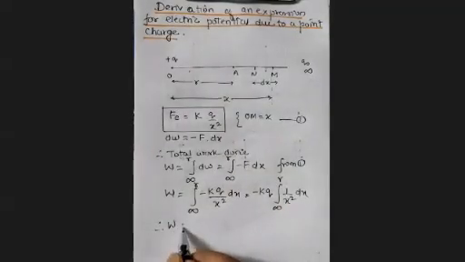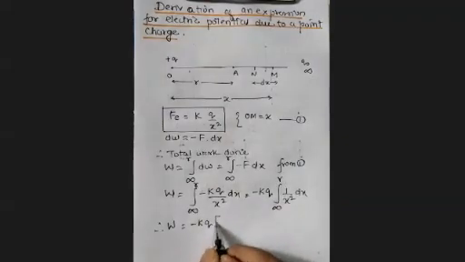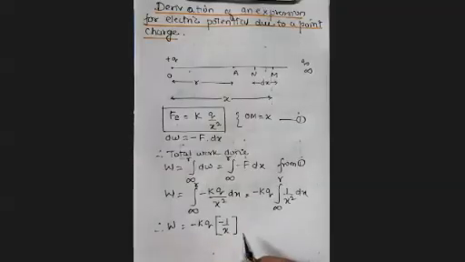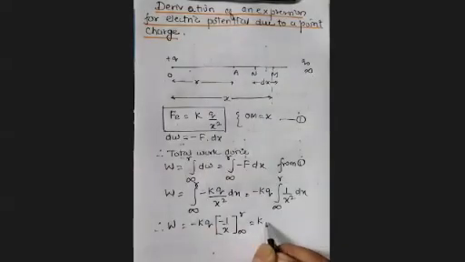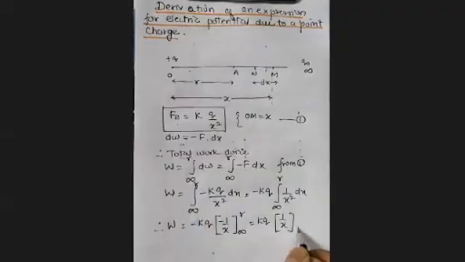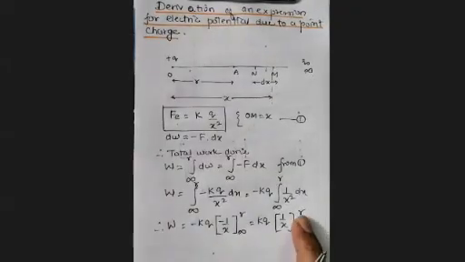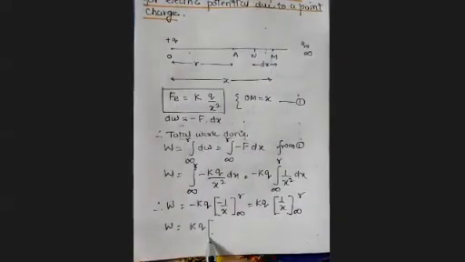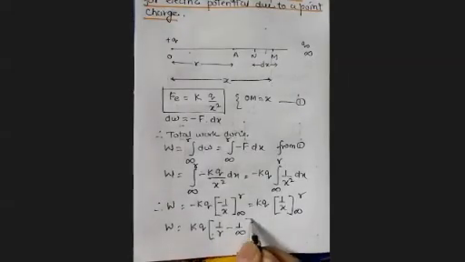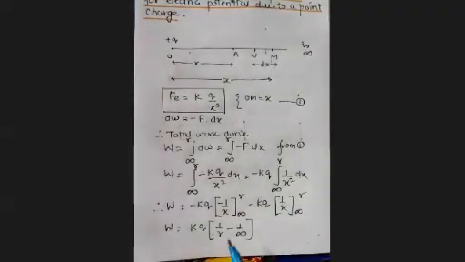So therefore the W value will be equal to minus K into Q times minus 1 upon x, integrated from infinity to R. First we have to substitute the upper value, or you can remove the minus sign and swap the range, but here there are two minuses, so minus and minus becomes plus. So it is K Q 1 upon x, range from infinity to R. Once we put in the upper value, once the lower value. So we can write work is equal to K into Q times 1 upon R minus 1 upon infinity. We have been studying since childhood that the value of 1 upon infinity is 0.